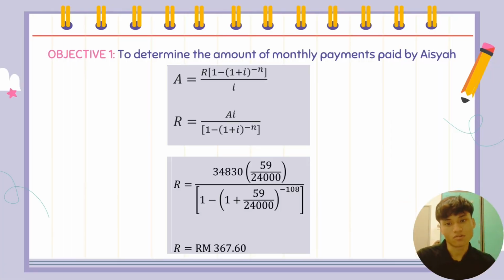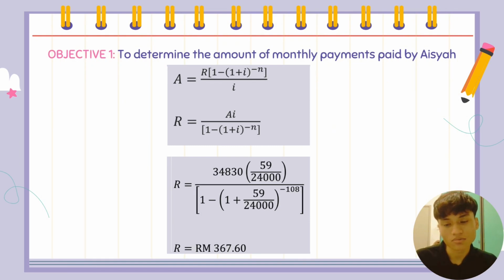Now, let's begin with objective 1. For objective 1, we have to determine the amount of monthly payments paid by Aisha. So the formula is A equals R multiplied with [1 minus (1 plus I) to the power of negative N] over I. So it turns into R equals A multiplied with I over [1 minus (1 plus I) to the power of negative N].